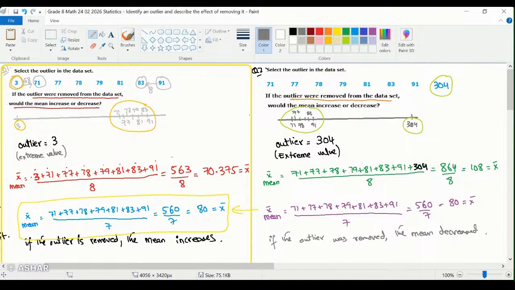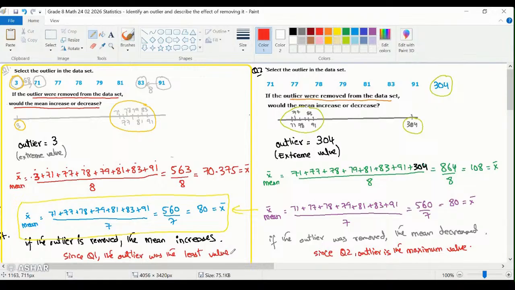Why is that so? Since in question number 2, the outlier is the maximum value, right? Whereas in this question number 1, the outlier was the least value.